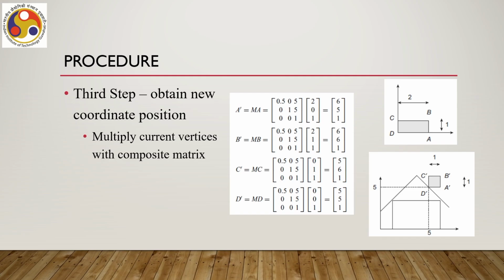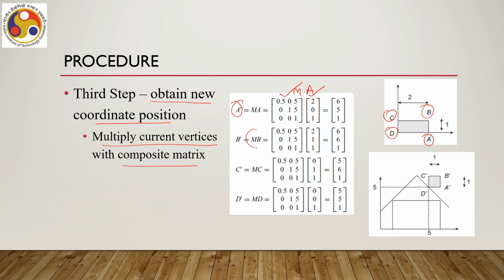In the third step, what we do is obtain the new coordinate positions by multiplying the current vertices with the composite matrix. Current vertices are given here, A, B, C, D. Composite matrix is this one.